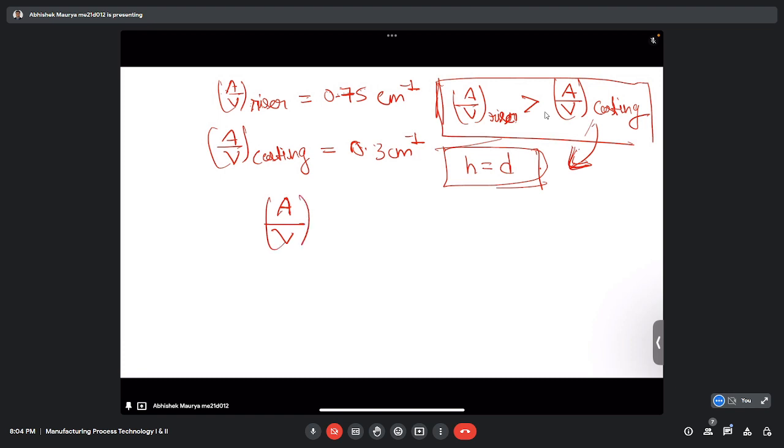A by V of riser should be either less than or equal to the area by volume of casting.